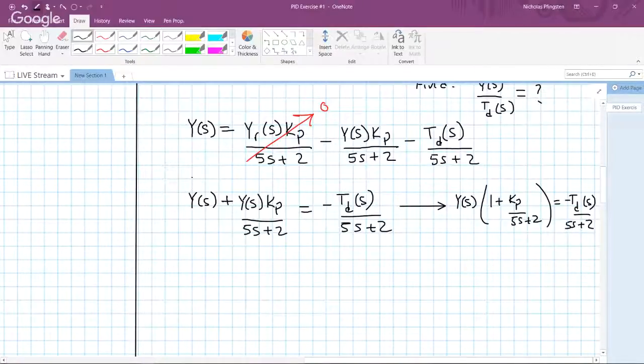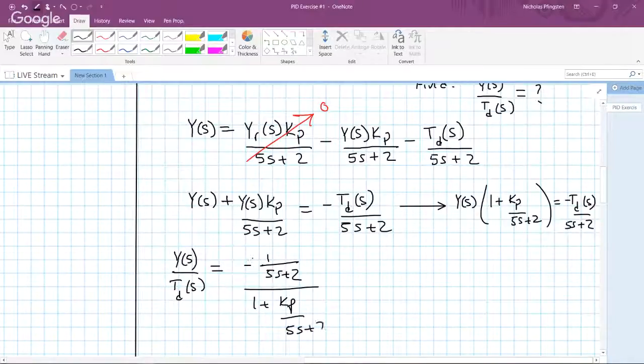Now I can multiply T sub d to the left side and then 1 plus kp all over 5s plus 2 to the other side, which gives me y of s over T sub d of s going to equal negative 1 all over 5s plus 2 all over 1 plus kp over 5s plus 2.